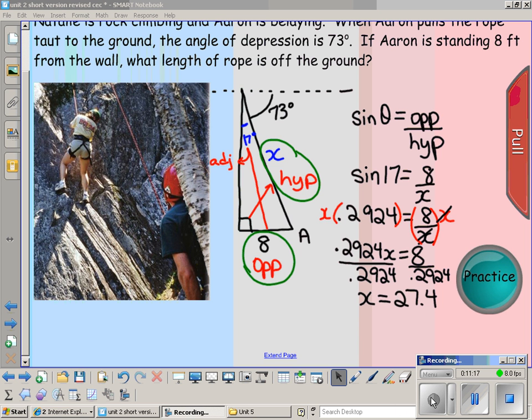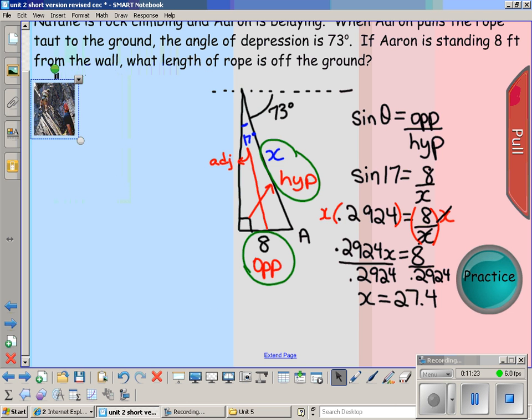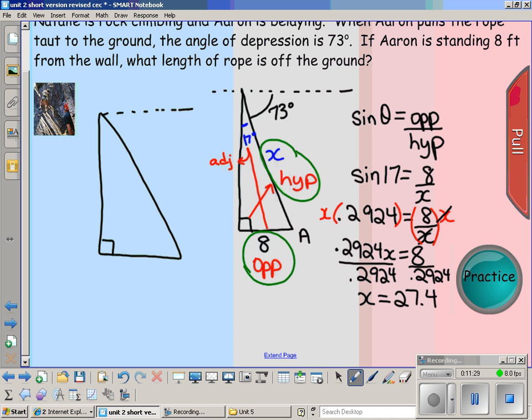Now, just so you know, we could have solved this differently. If we think about our original diagram, we had our angle of depression of 73 degrees. Remember what we talked about in the initial terminology.